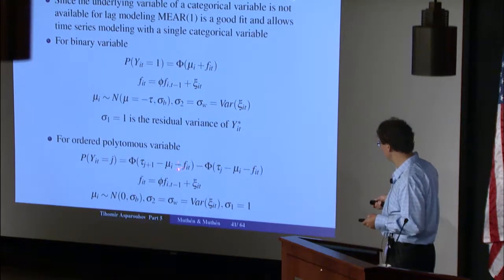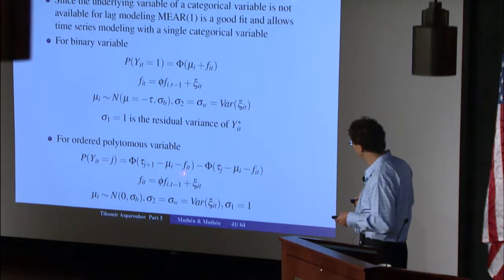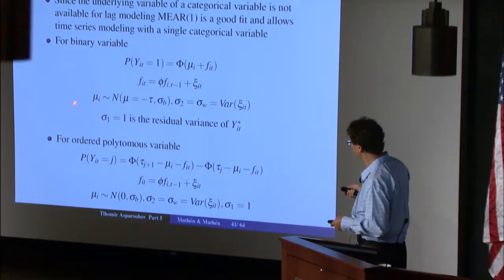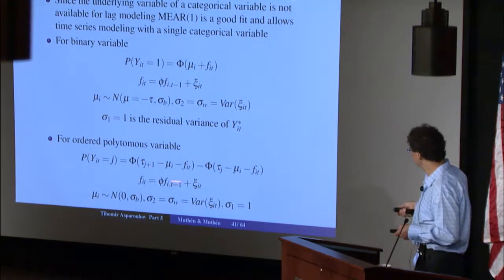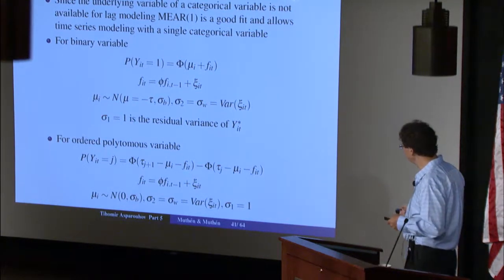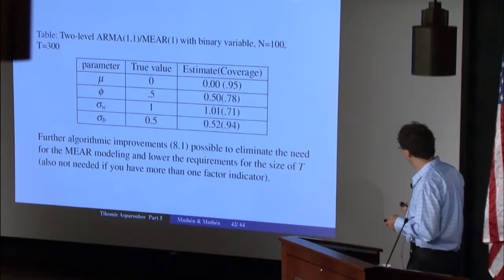But essentially, you again have the random intercept from the between level, and then you have this factor from the MIR1 model that's measured by the underlying continuous variable of the y. And then you have, again, the autoregressive equation that is the essence of the time series model for the ordered polytomous variable.